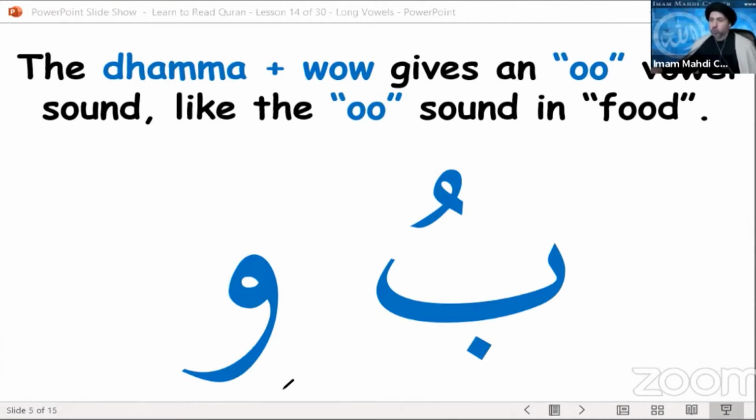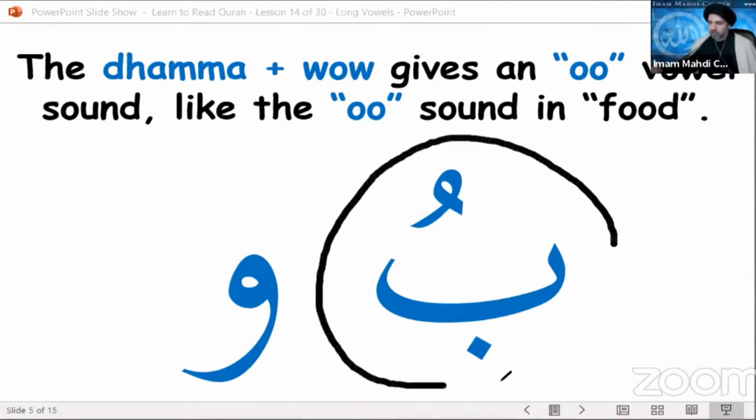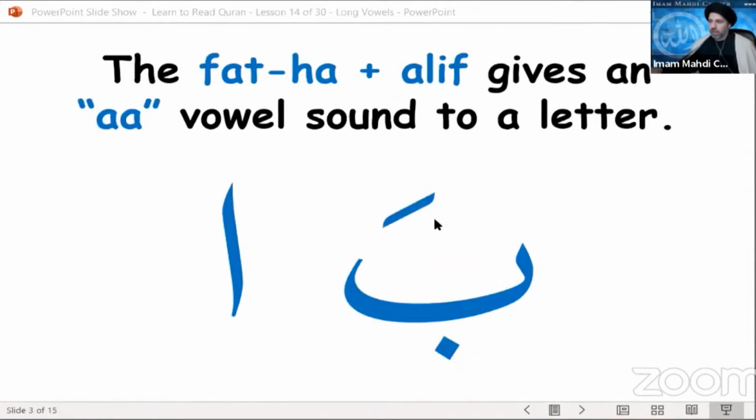We say boo. So all of this together is read as one syllable. It's read as boo. So the ba by itself with the dhamma is read as bu. But now when we read it together with the waw, we say boo, the long vowel. So these are the three long vowels.